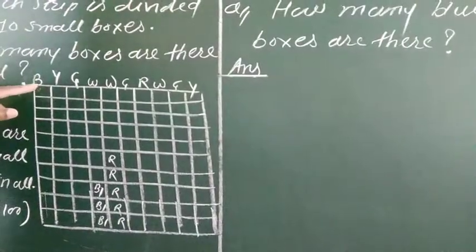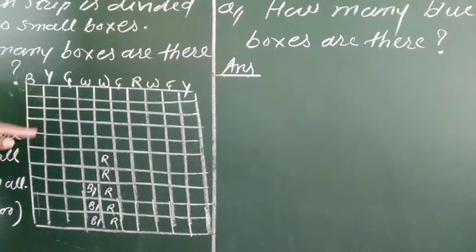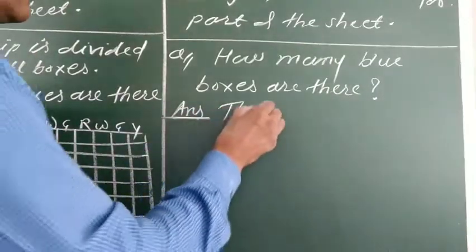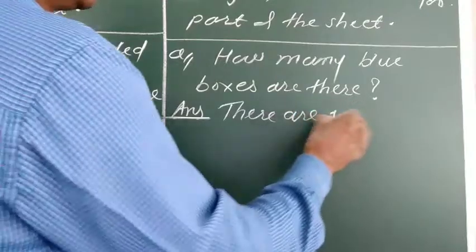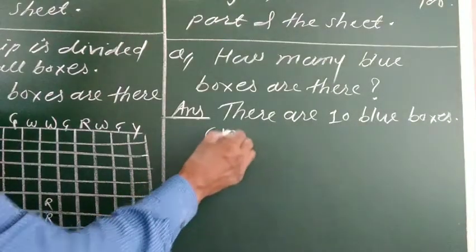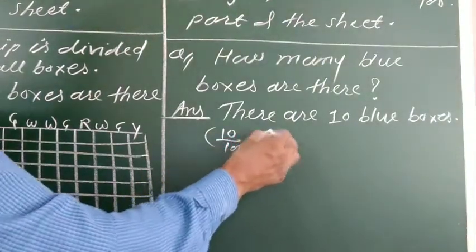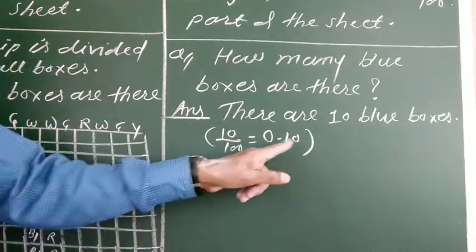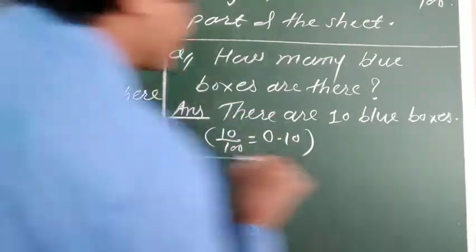This one is blue strip and divided into 10 parts. 1, 2, 3, 4, 5, 6, 7, 8, 9, 10. So you can write here, there are 10 blue boxes. अगर इसमें पार्ट में लिखेंगे तो क्या होगा बेटा? 10 पार्ट आउट ऑफ 100 पार्ट, then it will be like this. 10 part out of 100 part means 0.10.